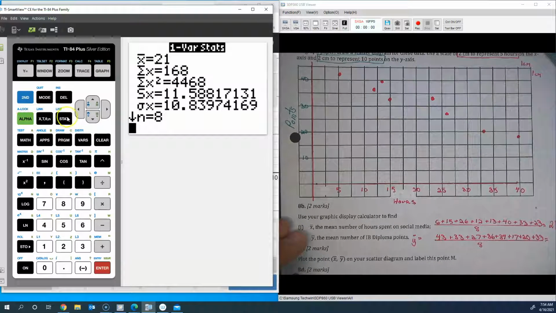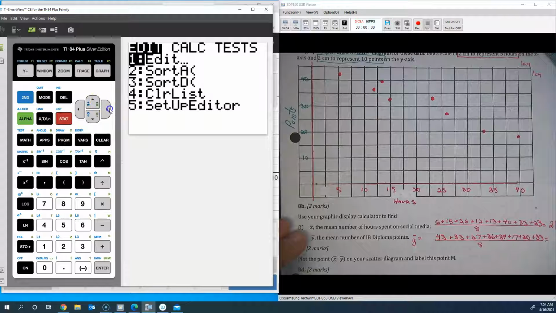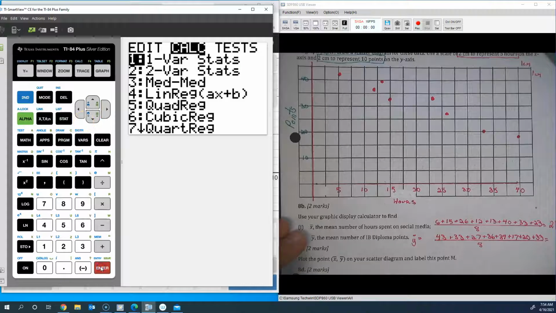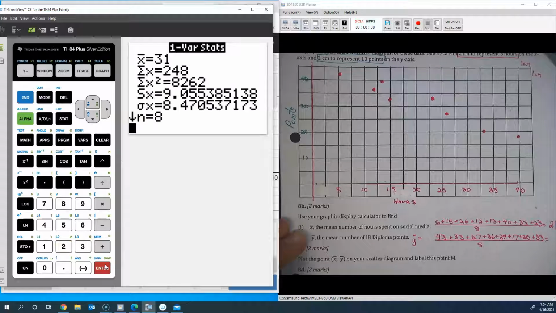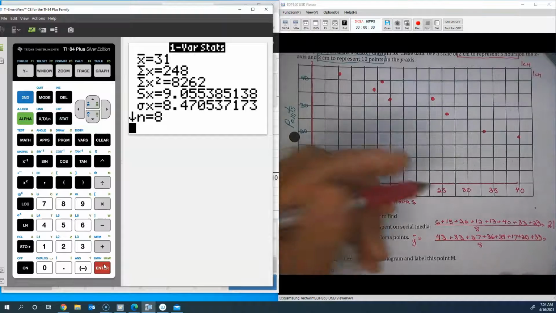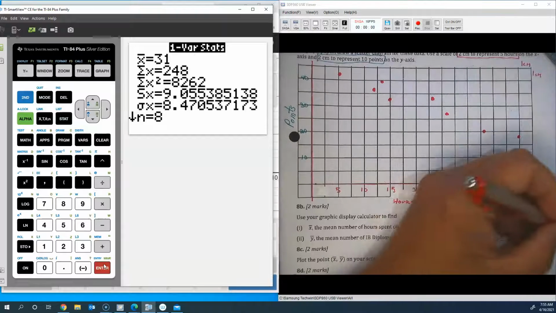Then if I go back to stat, calc, one variable statistics, and change this to L2, my mean for that is 31.